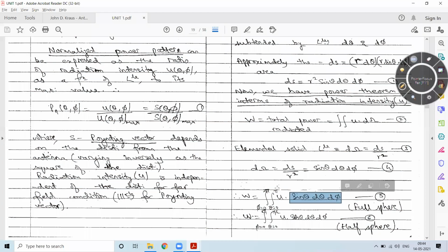But if you're considering the power density, then it will be power density into r square sine theta d phi. So these are the two definitions of the power theorem, that is, the theorem defined in terms of power density and defined in terms of radiation intensity. So this is with respect to radiation intensity.